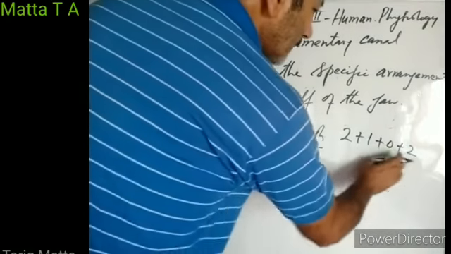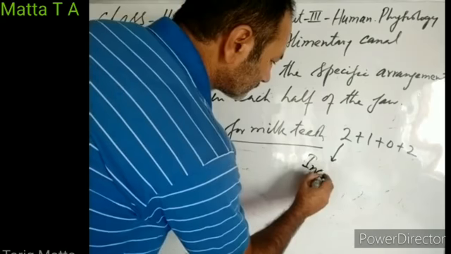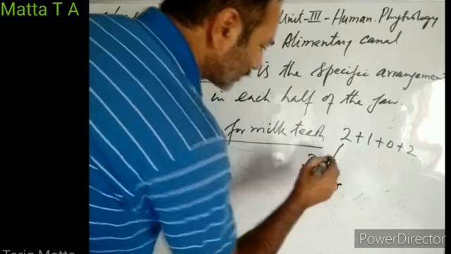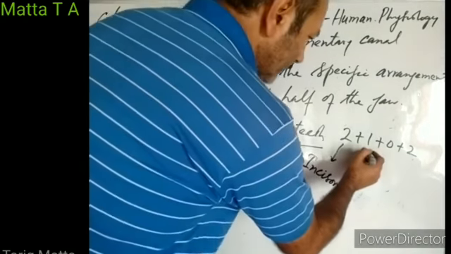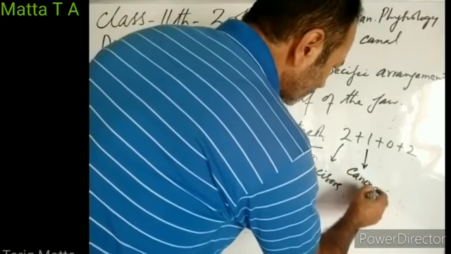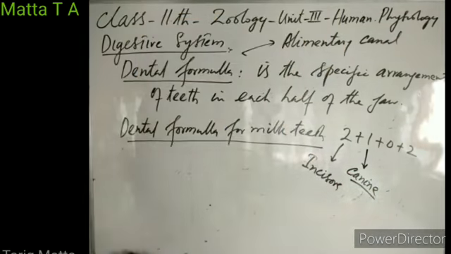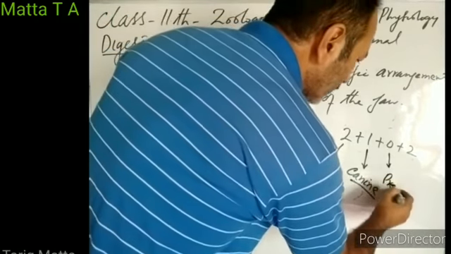So in each half of the jaw, there are two incisors. These are two chisel-like teeth. There is one canine. It is the dagger-like tooth, pointed dagger-like tooth. Then there are zero premolars. That means there are no premolars.